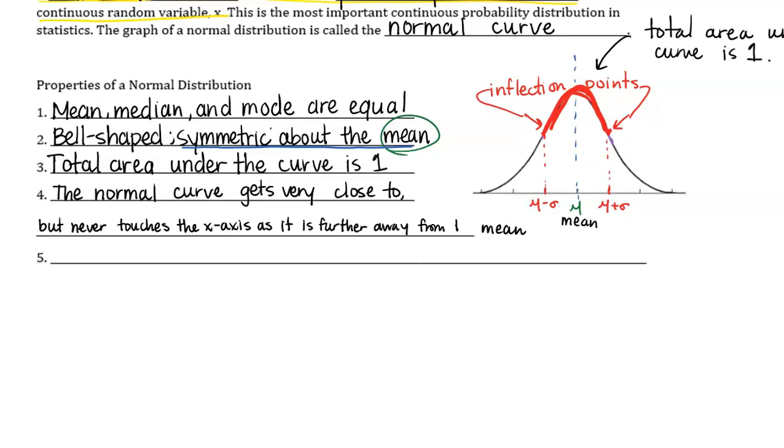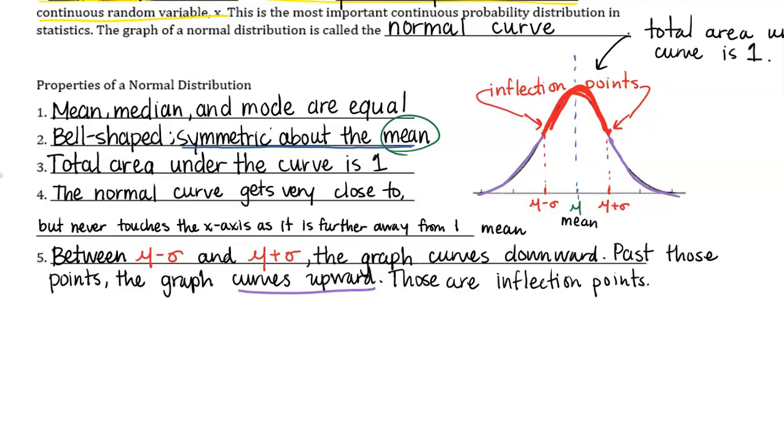So I'm going to put that into words right now for our final property of the normal distribution. I wrote that between mu minus sigma and mu plus sigma, and this sigma is the standard deviation, between those two values, the graph is curved downward. Past those values, what I outlined in purple, the graph is curved upward, and those values are called inflection points, where the graph is changing from moving upward to downward.